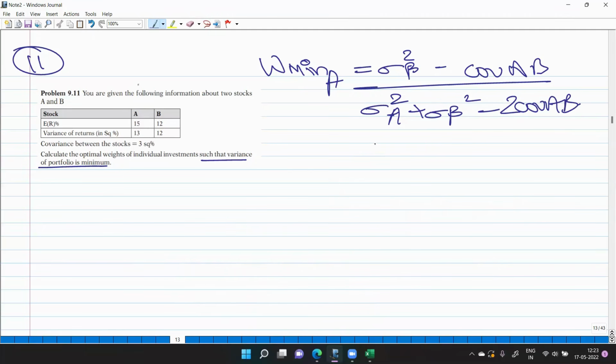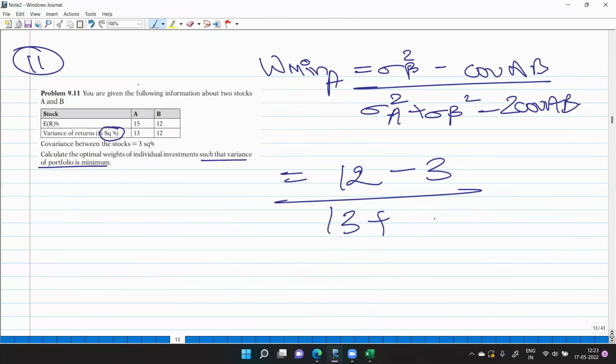Now if I put in the values, see, it is already given in squared percentage, so I don't have to square again. Covariance 3, so numerator 12 minus 3, and denominator 13 plus 12 minus 2 into 3. So this is coming out to be 9. This is 25 minus 6, 19.